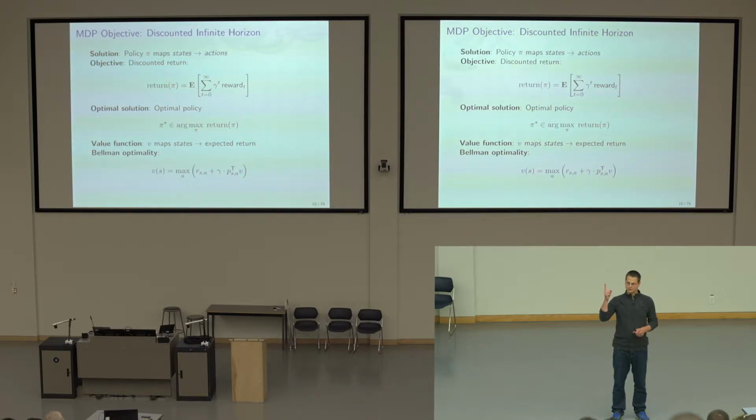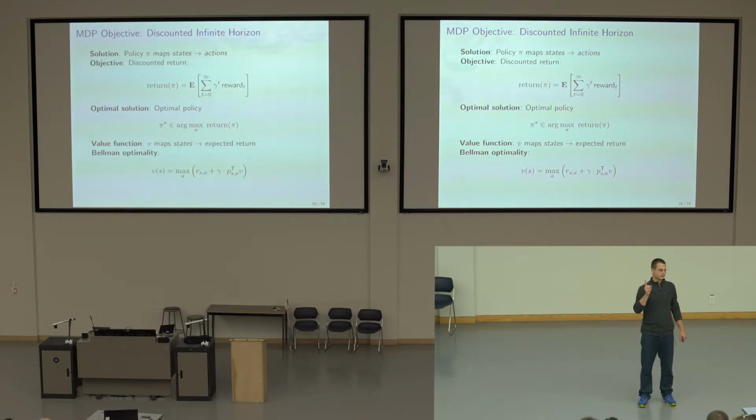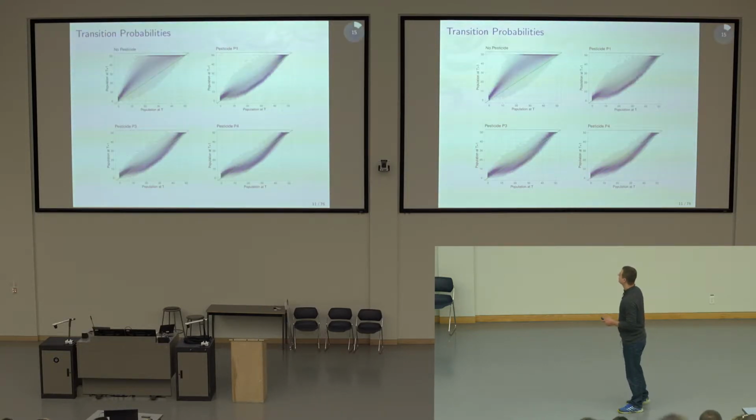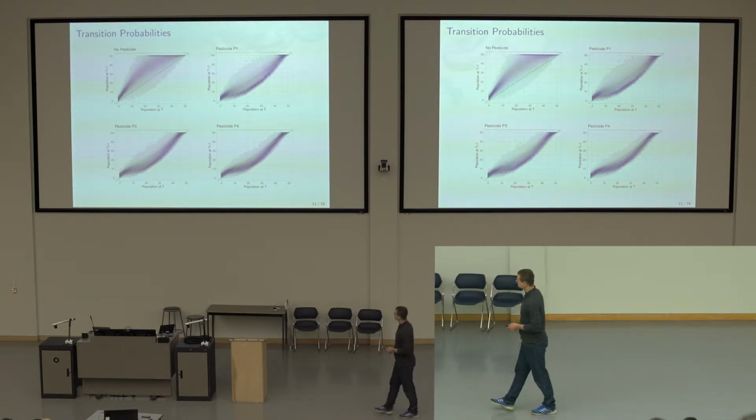Value iteration is the most basic one, right? There are a couple of other very important methods which I haven't heard mentioned here. Does anybody know what they are? Good. I'll show you a couple of them in a minute.